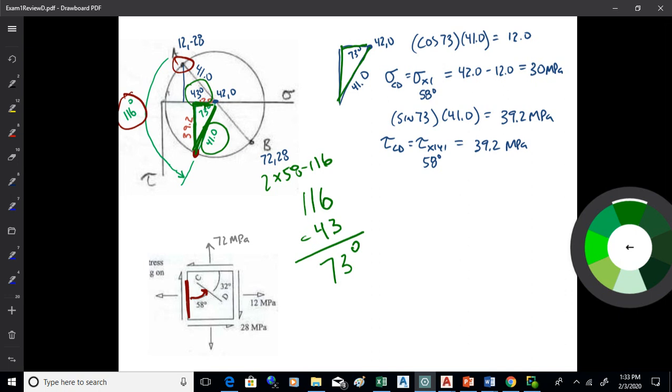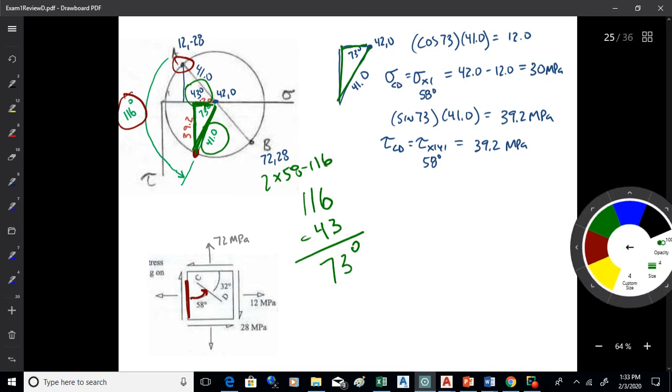So to figure out the coordinate of that point, which is going to give me the stress on plane CD, I do the trigonometry on that triangle. Cosine 73 times 41 is 12. Sine 73 times 41 is 39.2. So I'm going to use the 12 and the 39.2 that are the sides of the triangle.